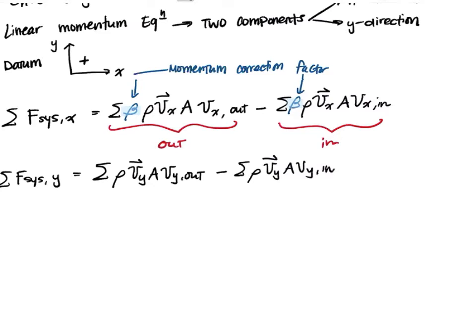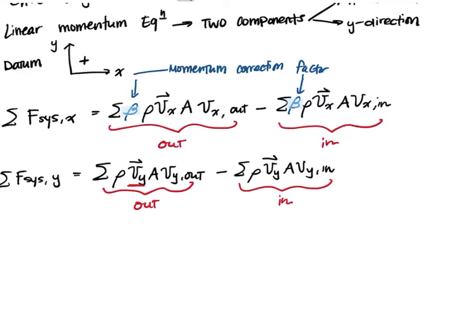So again, these are all out of the system in balance with what comes into the system. You must make sure that you consider that this is a directional velocity.